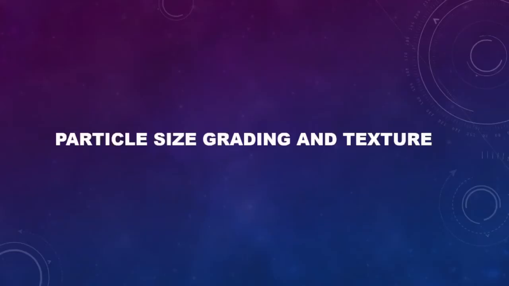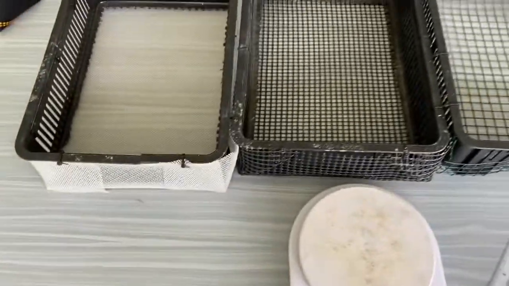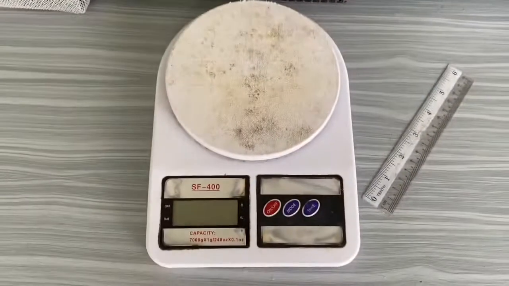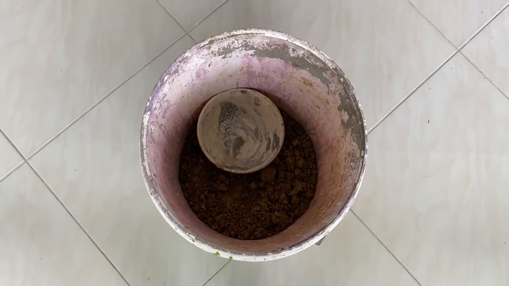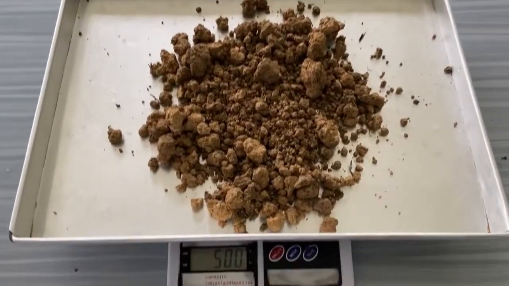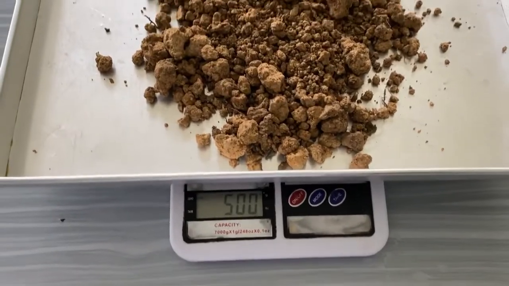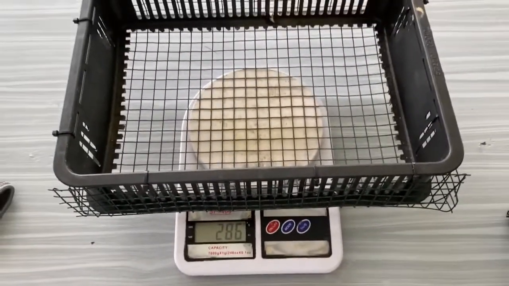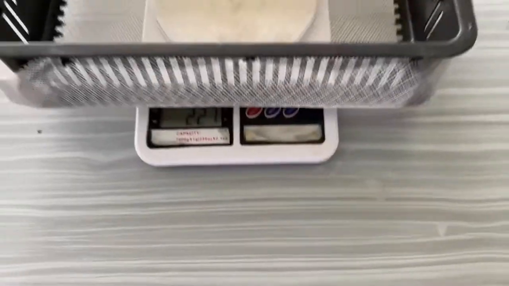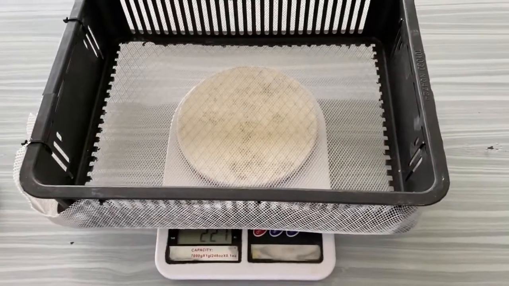The third test is particle size, grading and texture. The apparatus that I use is 3 types of sieve that have different hole sizes, weighing balance, ruler and the soil sample. Mass of dry soil that I use is 500 gram. Weigh the 3 types of DIY sieve using the weighing balance and then record all of the data.